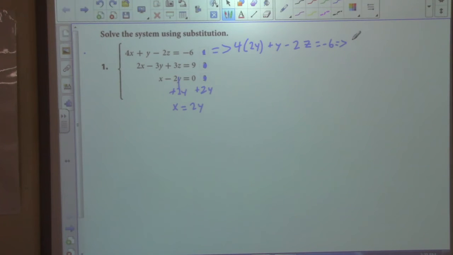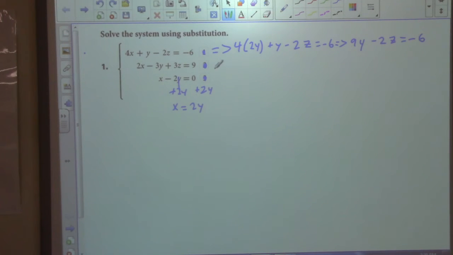So I'm just going to write 9y here, and then minus 2z is equal to -6. So there's one equation with x substituted out of it.